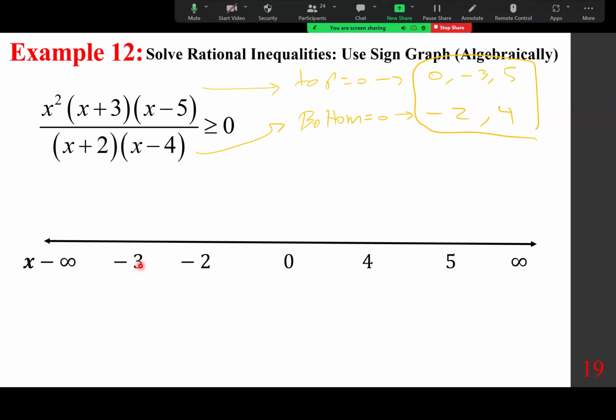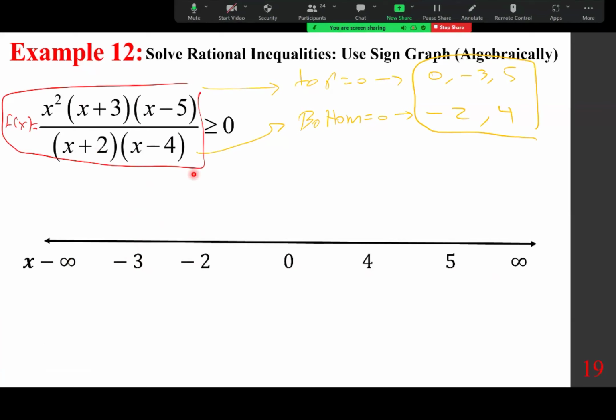Now, what happens at -3? Let's call this expression f of x. This expression at -3 is 0. At -2 is undefined. At 0 is 0.